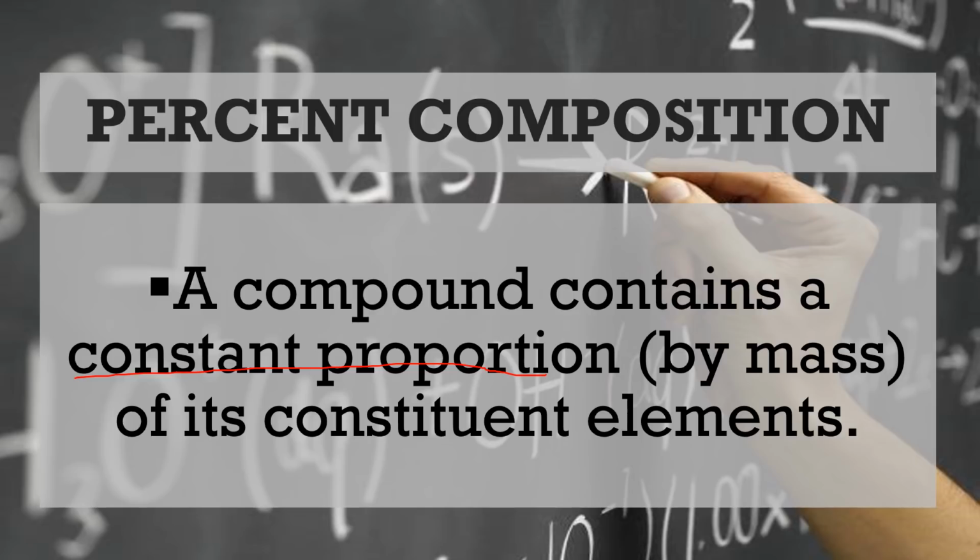So in percent composition, we are calculating the percentages of each constituent element that makes up a specific compound. In water's case, we are calculating what percent of hydrogen is present and what percent of oxygen is present.